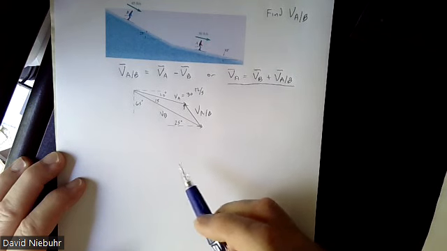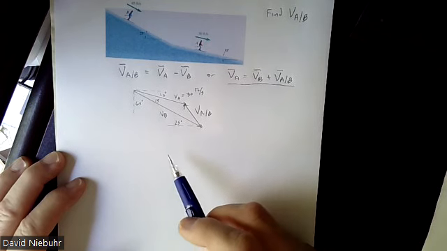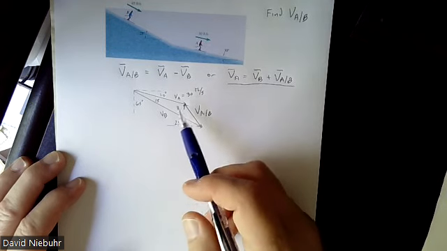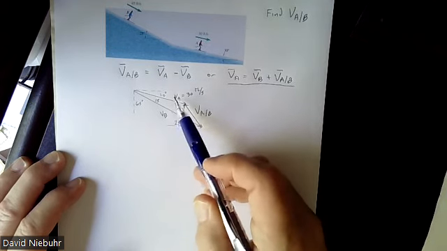One of the things that we have is we know the angle between these two sides.